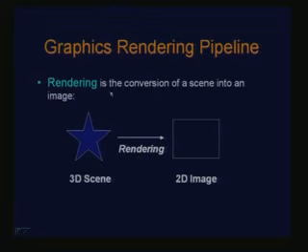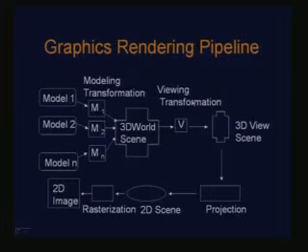So, all I see is a conversion of the scene into an image. Let us try to look at the anatomy of this process in a much more elaborate way and see this process as a pipeline. That is what we will be looking at, at various stages in this course.